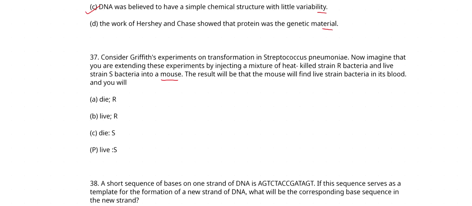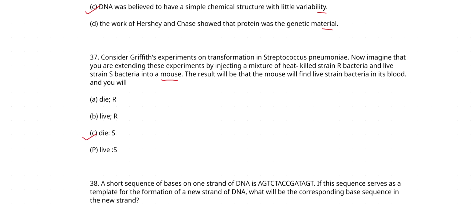Options: A. Die, live R; B. Live, live R; C. Die, live S; D. Live, live S. The answer will be C, that is die, live S. Since strain R bacteria do not harm the mouse, this experiment is the equivalent of injecting the virulent strain S only. Thus, the mouse will die and you will find living strain S bacteria in its blood.